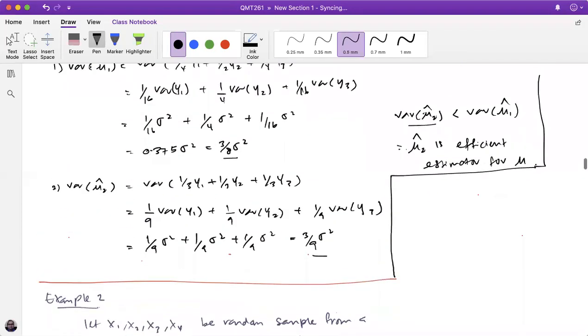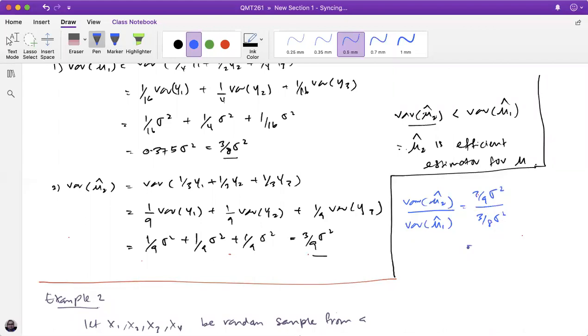So this one should be variance of mu2 hat divided by variance of mu1 hat, which is 3/9 sigma squared divided by 3/8 sigma squared.